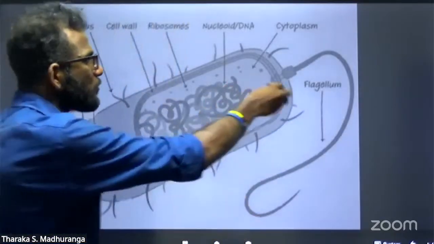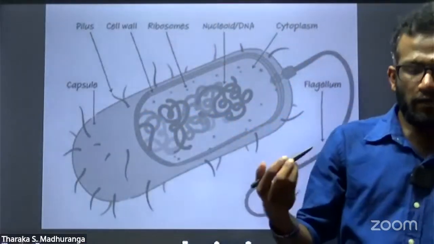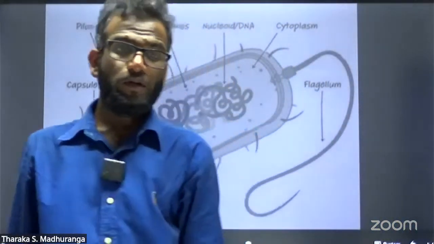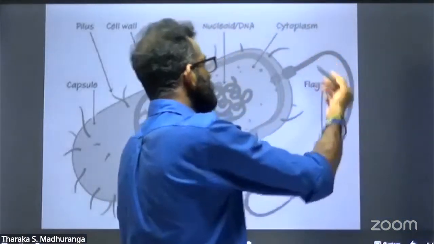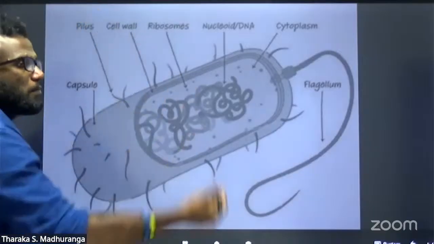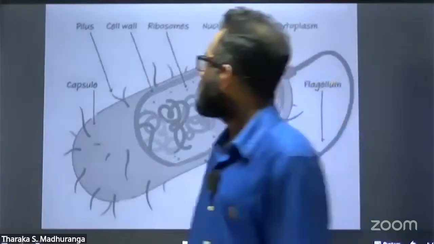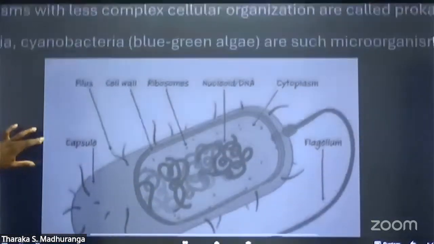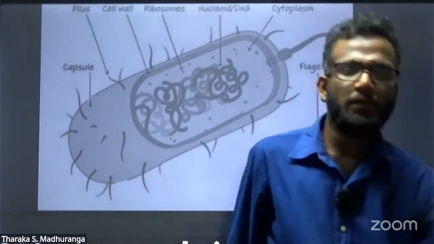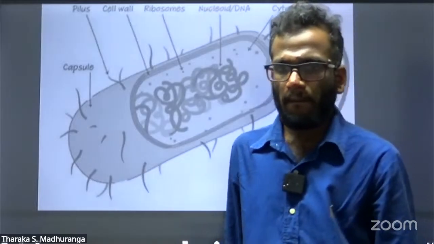For movement of this prokaryotic cell, there is the flagellum, and there are other small parts that we call pili.